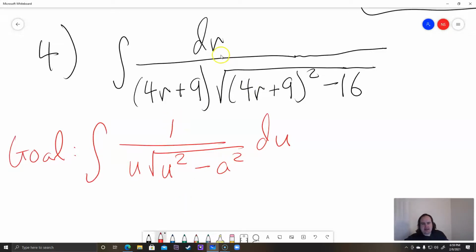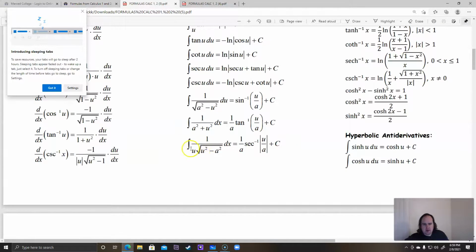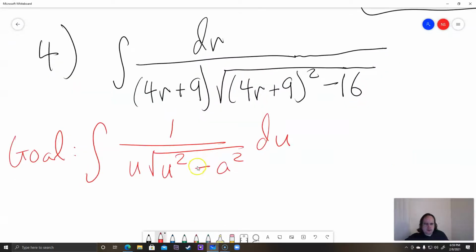It's not exactly in that form though, because here our u is going to end up having to be 4r plus 9. So our du is going to end up with an extra 4 in there. So we can't just leave it as dr on the top. So again, integral of 1 over u times the square root of u squared minus a squared du. That's what we're looking for, because that's the formula that it's closest to.